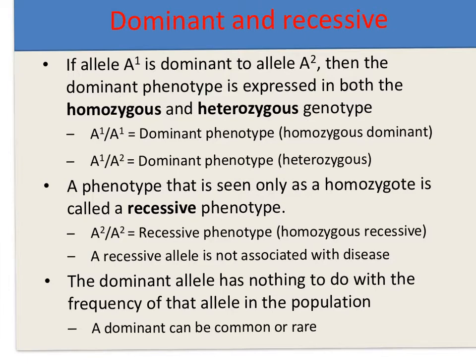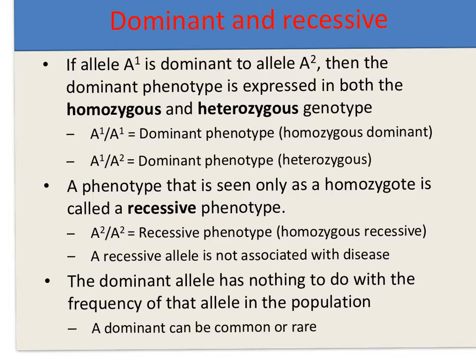A phenotype that is only expressed when there's a recessive homozygote, in this case A2A2, you'll end up with a homozygous recessive, and that's only going to be expressed when you have two of those alleles.